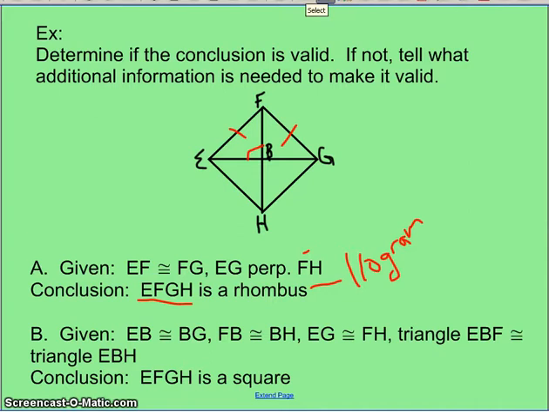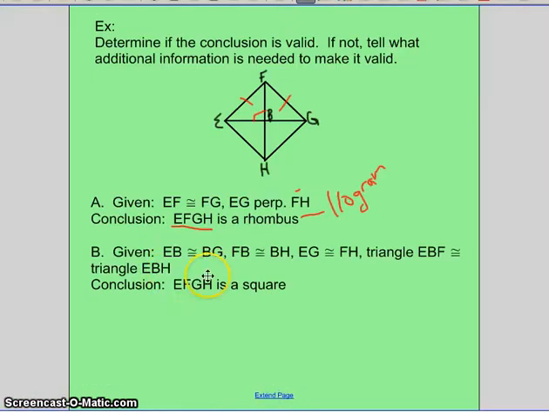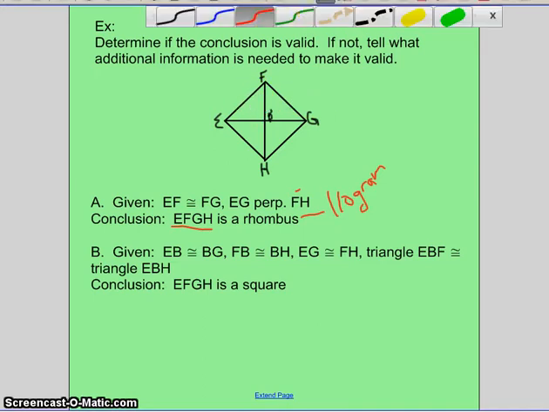Alright, let's see, this next one here. Let me erase the old markings, and we'll just put some new markings here.